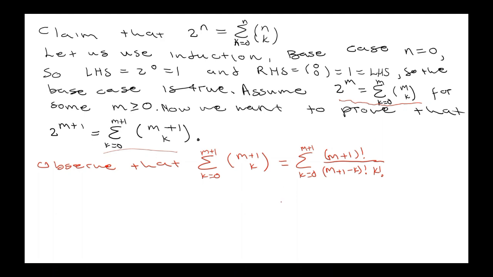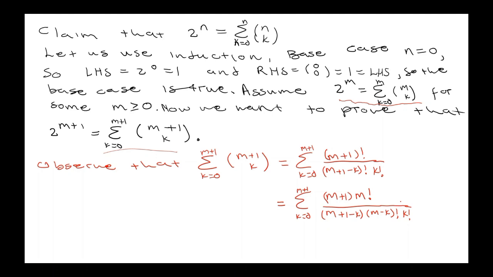Of course, then we can say that this is the same as m plus 1 factorial. You remember what factorial means. So this is m plus 1 multiplied by m factorial, and then you basically have m plus 1 minus k multiplied by m minus k factorial multiplied by k factorial.